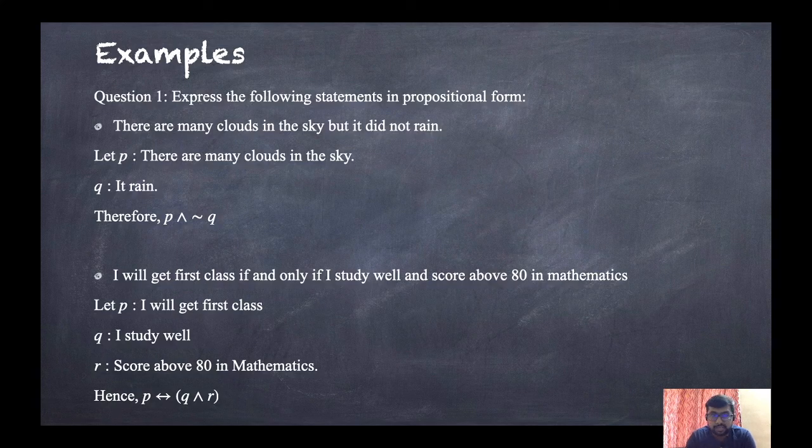P, I will get first class, if and only if, so we have the symbol of the logical connective if and only if. Then I study well, that is Q, and score above 80 in mathematics, that is R, and here it is "and", so we put the symbol of and. So the propositional form will be P double implies Q and R.